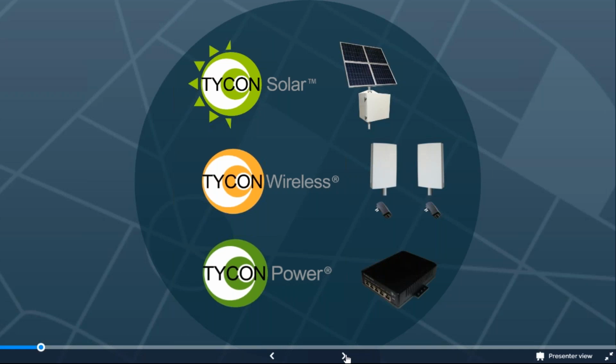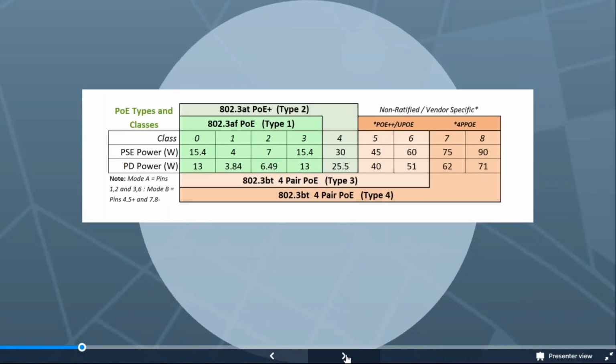We also have our Tycon Wireless, where we designed some wireless bridges at 2.4 and 5 gigahertz frequency, just a simple plug and play backhaul. And then our Tycon Power, and this is a wide variety of DC low voltage converters, PoE injectors, and our PoE switches. So today's presentation, we're going to focus on our PoE switches.